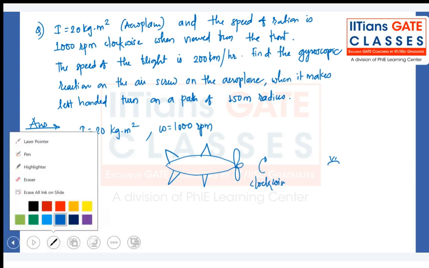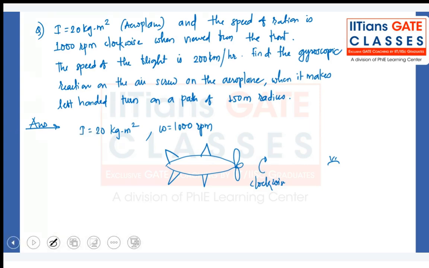Now, if you try to draw the figure of this, how will it look? We have the angular velocity vector on the front side, OA. It takes a left turn. So this is A dash, active torque, and then A dash to A is reactive torque, and if I put my four fingers in this direction, it will look like this.